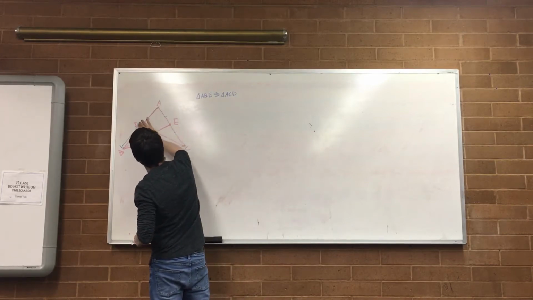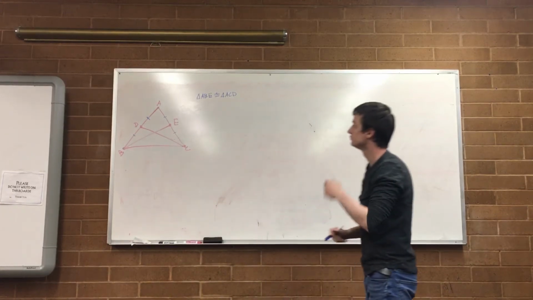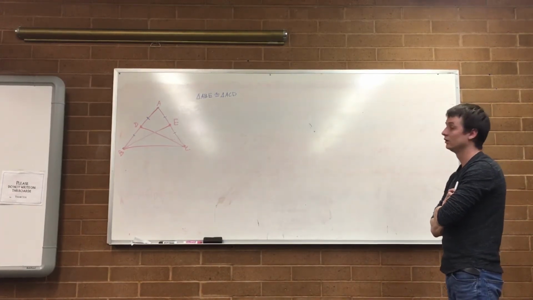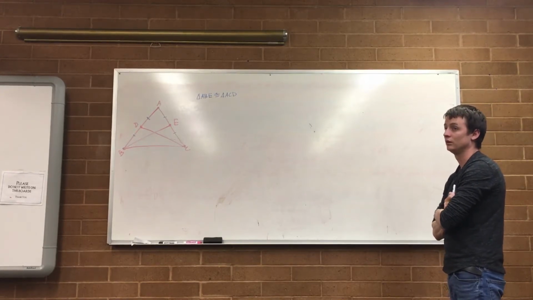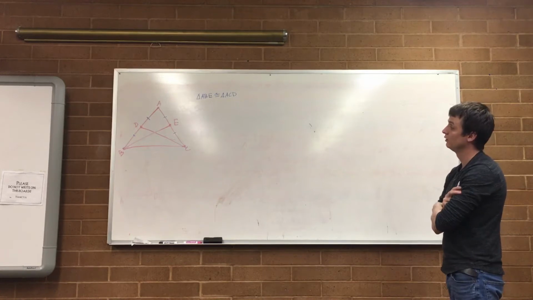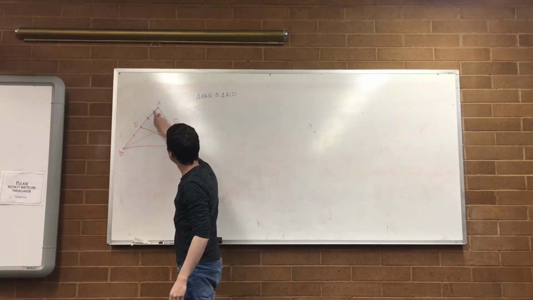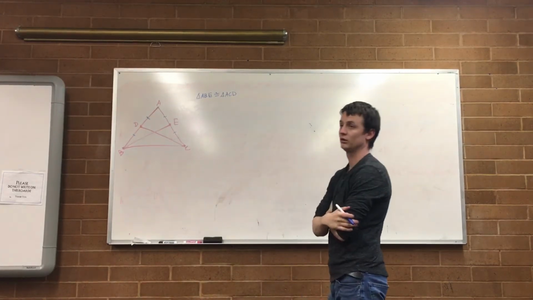So all four of those line segments are equal. So now you know that the triangle BAC is isosceles, sure, that was given.